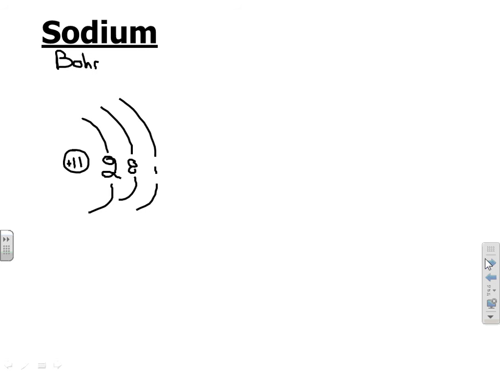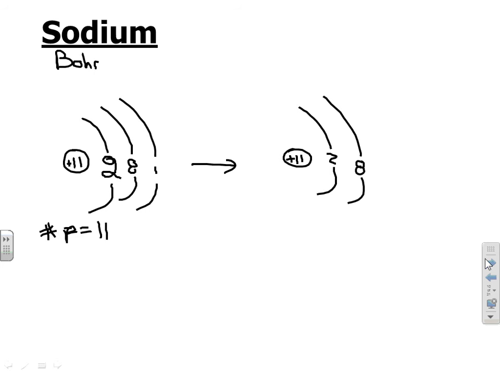This thing is going to lose an electron to get to that full outer shell. So in the end, it's going to be 11 protons, and it's just going to be 2 and 8. Notice this thing has 11 protons, so that's a positive 11 charge. I'll put 11 plus on the back just to write it.